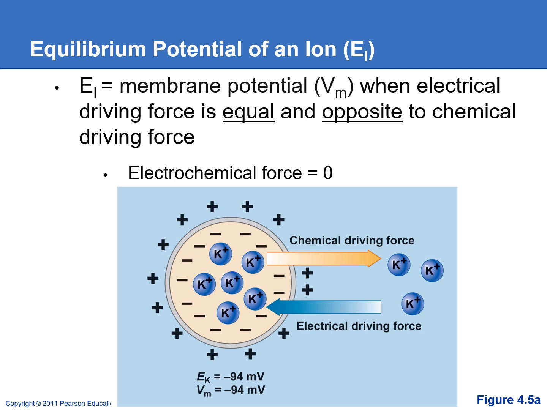And that's because the chemical driving force is the same size but opposite direction of the electrical driving force. So they cancel each other out, and the electrochemical driving force, when you add those two together, is going to be 0. So potassium is not going to move one net direction or the other.